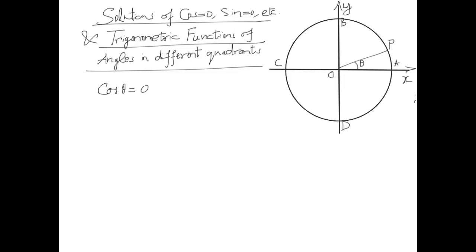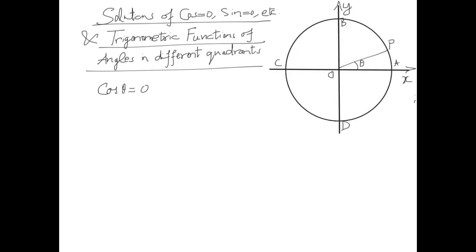Now cos theta is equal to 0 implies that the projection of OP on the x-axis should be 0, and we have seen earlier that it happens when point P coincides with points B or D. For example, for angle theta is equal to pi by 2 or 3 pi by 2 and so on, cos theta would be 0, and therefore those are possible solutions of this equation.